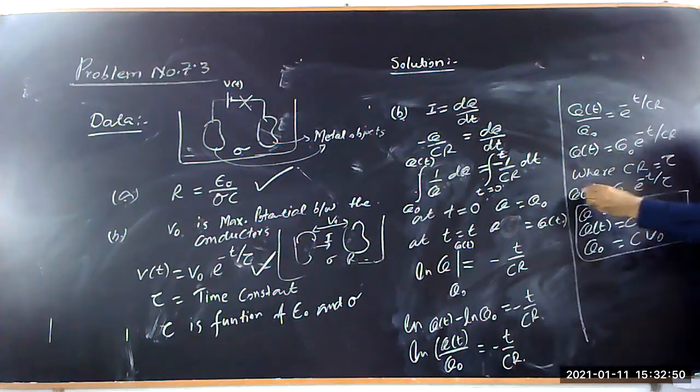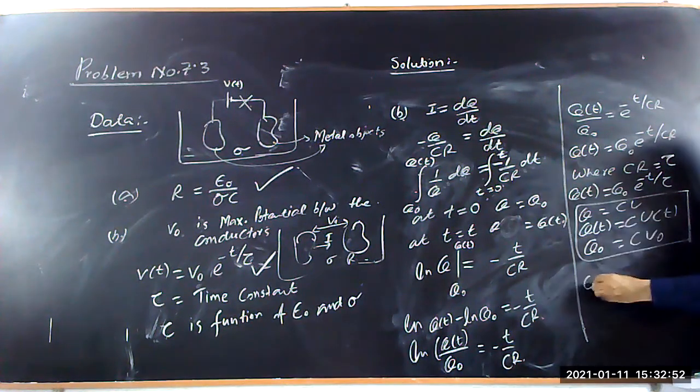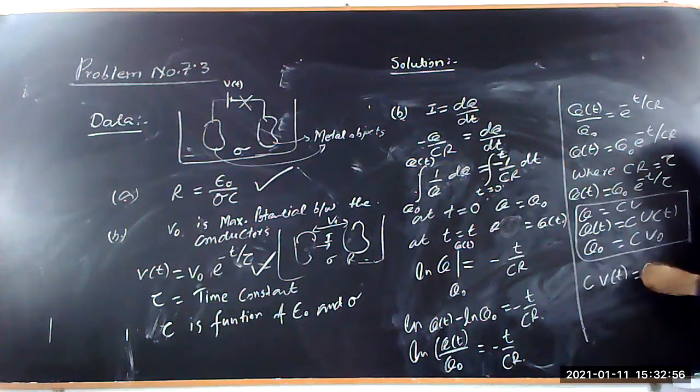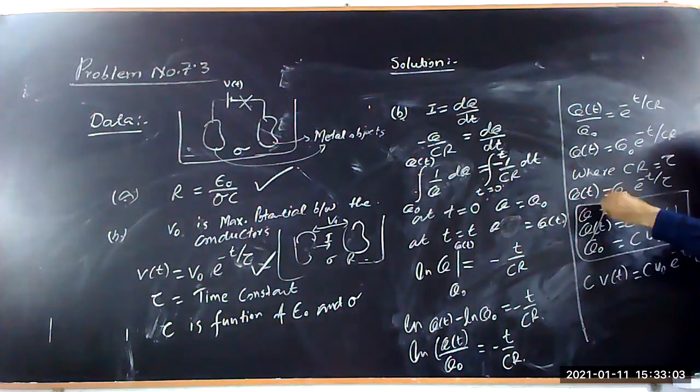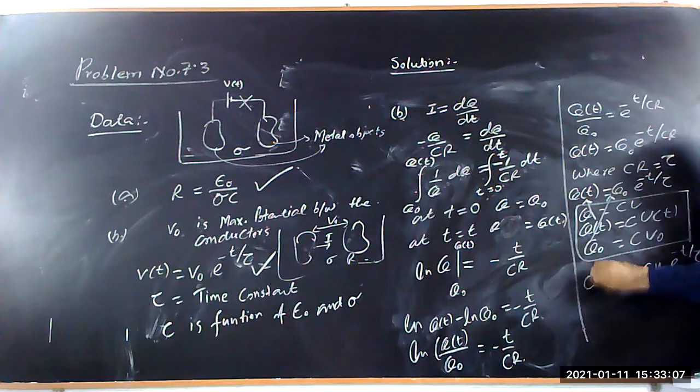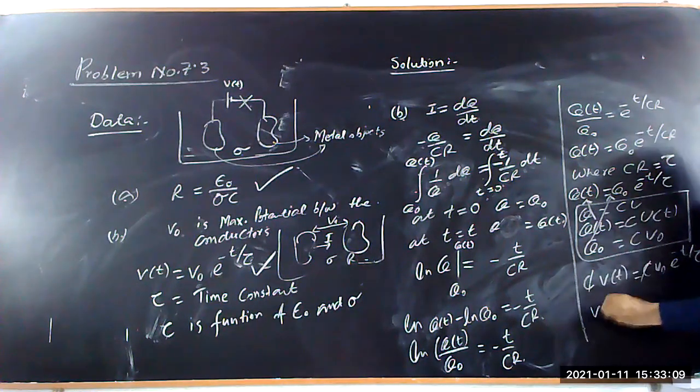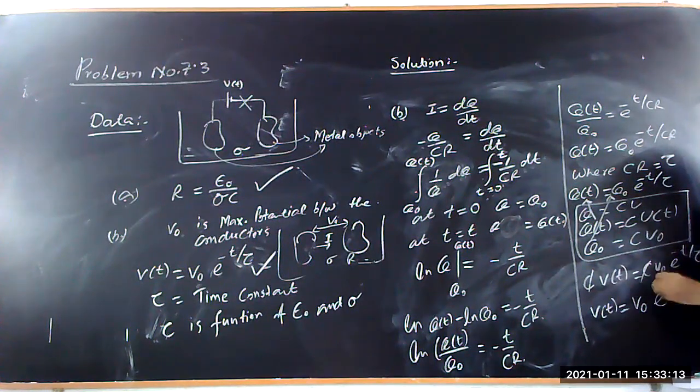So this Q of t can be written as C V of t is equal to C V naught e raised to power minus t upon tau. I will just plug in this value over here and this value over here. So this C cancels. So V of t, potential as a function of time, is the maximum potential e raised to power minus t over tau.